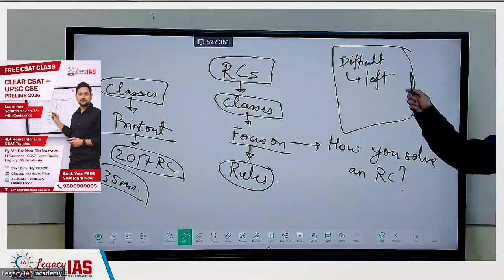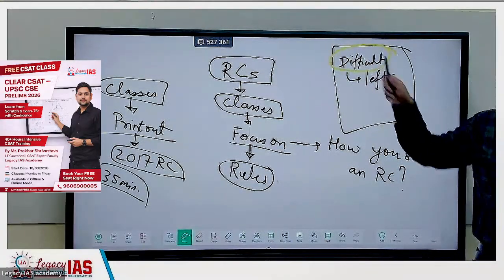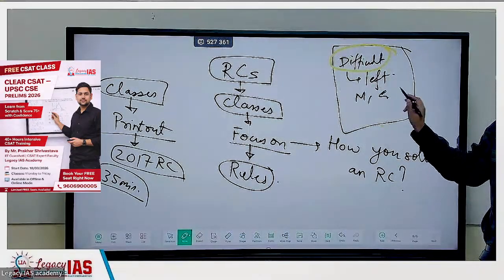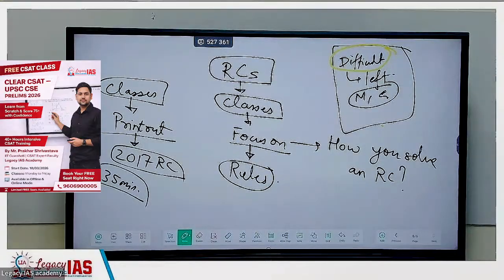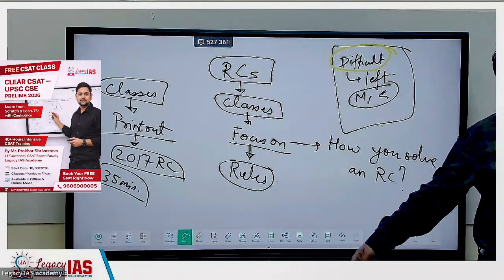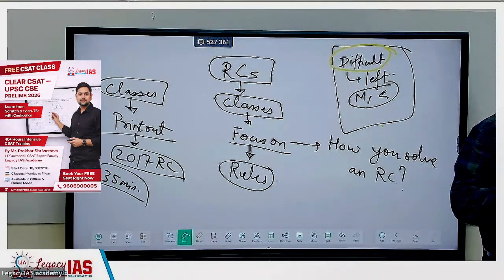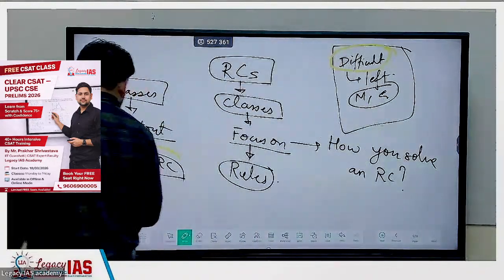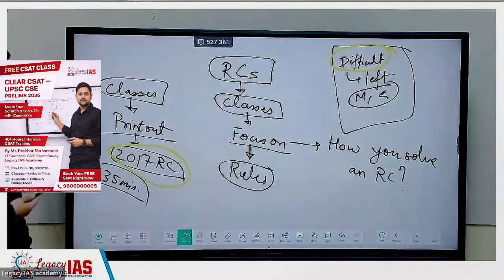So I'll tell you which of these were somewhat difficult questions, which were moderate and which were easy. Because I've seen students falter in this also. They think that this RC was very easy, they attempt it, they get it wrong, and they keep doing it without realizing which were the easy ones they should have concentrated on, and which were the difficult ones. So we'll be doing 1 or 2 sessions of this, in which we'll solve a previous year paper in class itself.